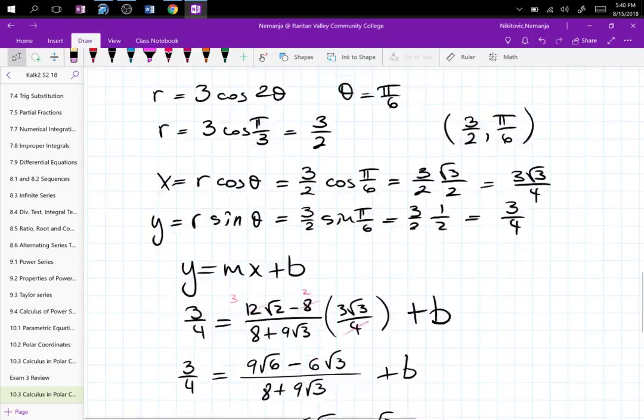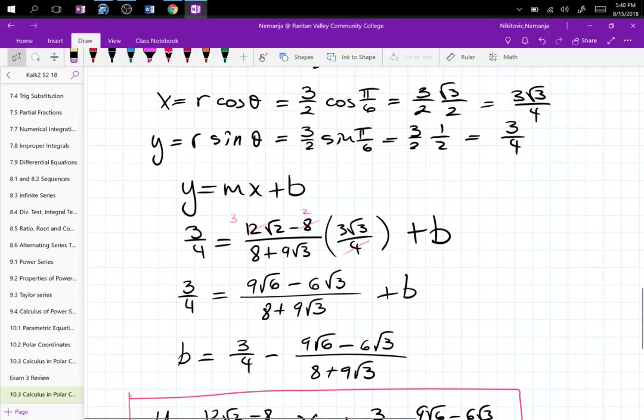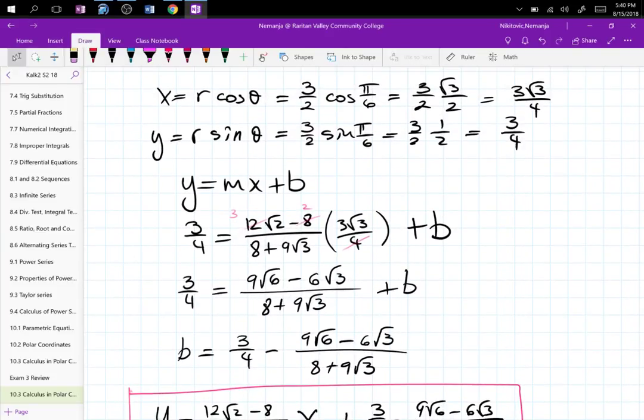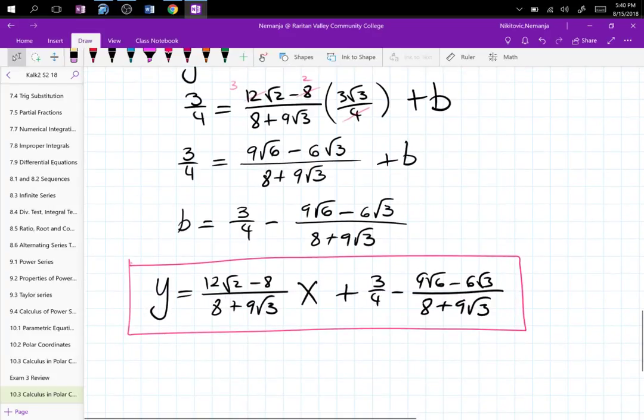So that's exactly what happened here. As you can see, I plugged in y equals mx plus b. Here's my y, 3/4 over there, right? And here's my m, which is the calculated slope. Here's your x, 3 root 3 over 4, and then plus b. So now I should have gone through more algebra to actually combine these into a single expression for b.